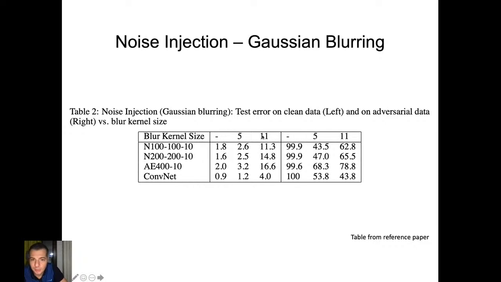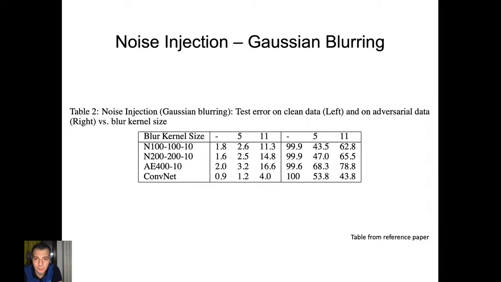So this is a kind of limited approach to remove the adversarial examples. But it reduces some of the adversarial examples, so it seems to be a good idea.